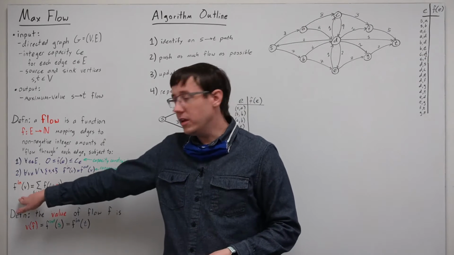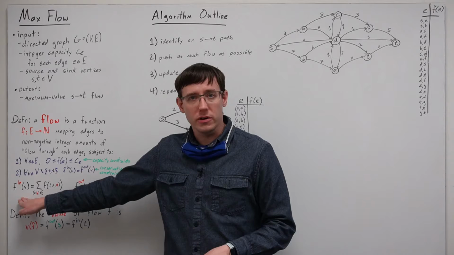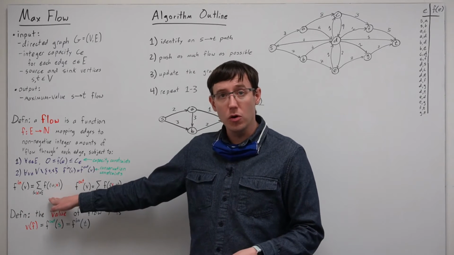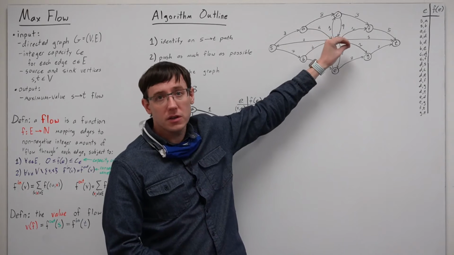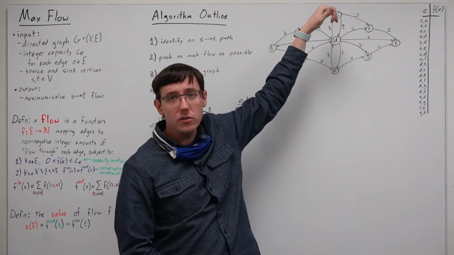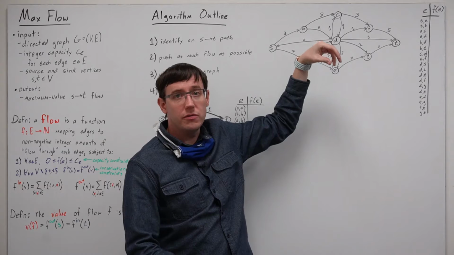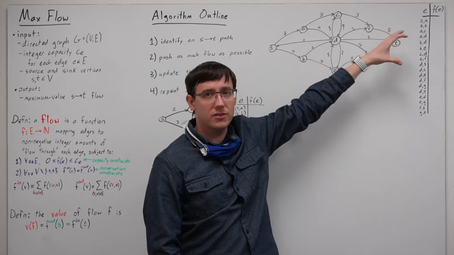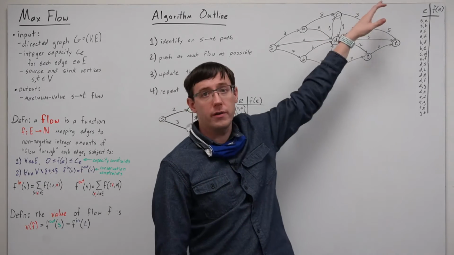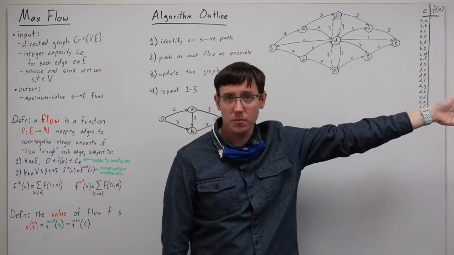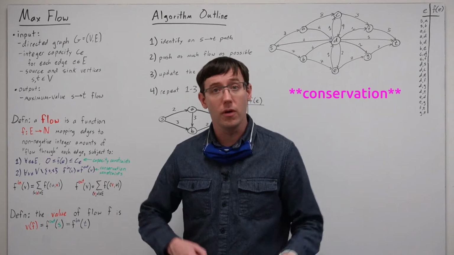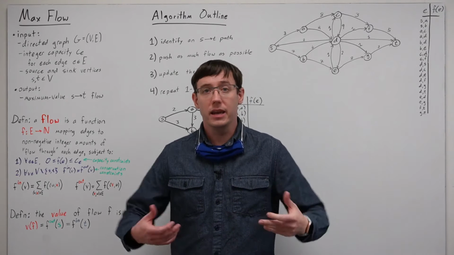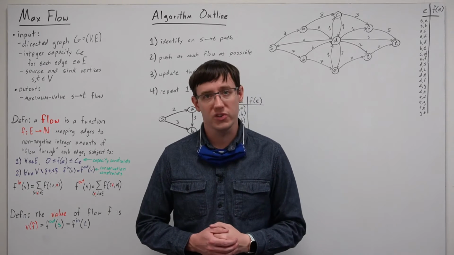We define the flow in to a vertex to be the sum over all of the edges coming into that vertex of the flow on those edges, and likewise the flow out from a vertex is the sum of the flow on all of its outgoing edges. And so the conservation constraint says that flow in and flow out are equal unless we're talking about the source or sink.